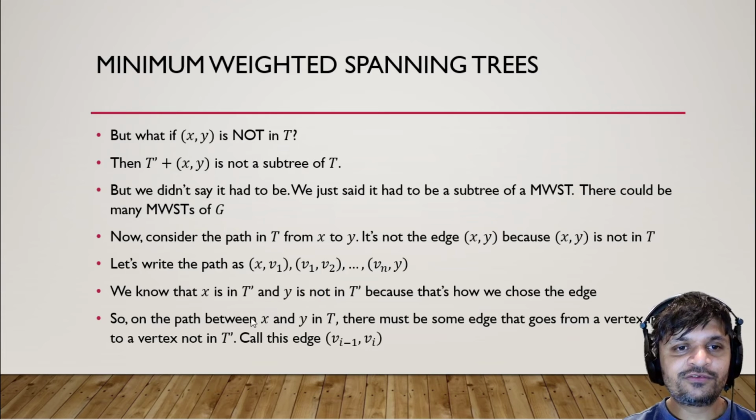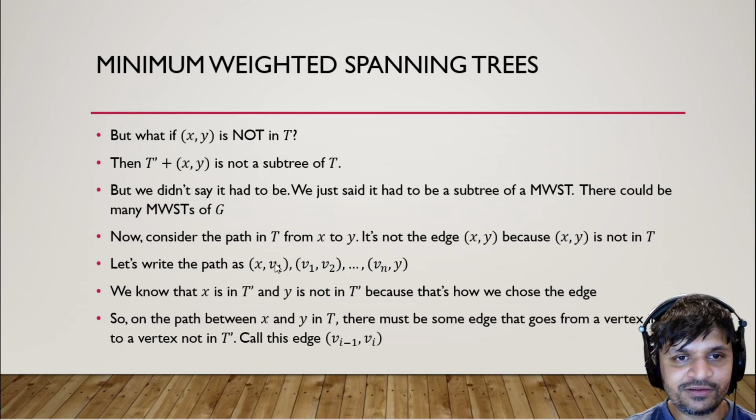Okay, so that means that on this path between x and y, there's some point on which we left the tree, right? Because x is in the tree and y is not in the tree. So at some point in this path, we picked some edge that was not in T prime, sorry.